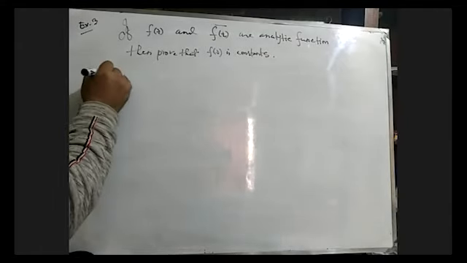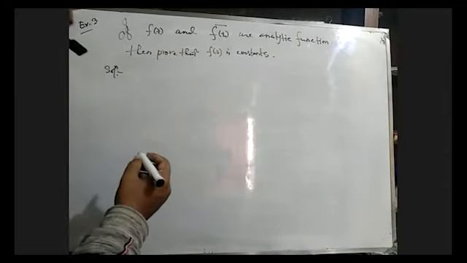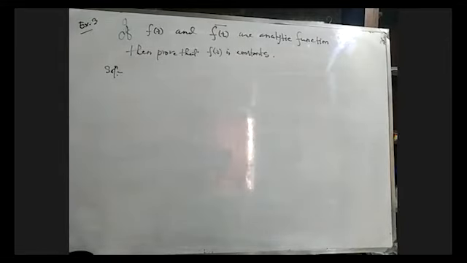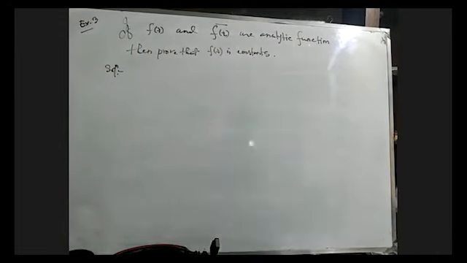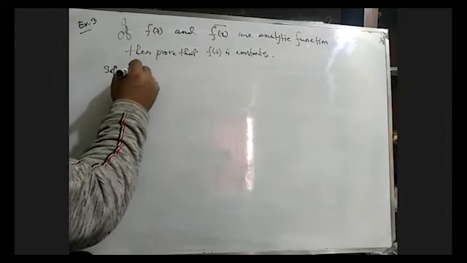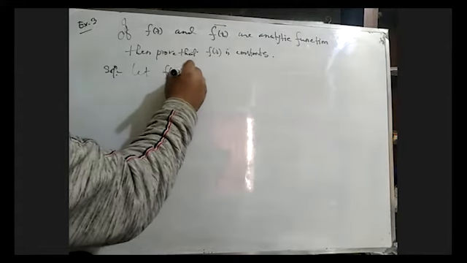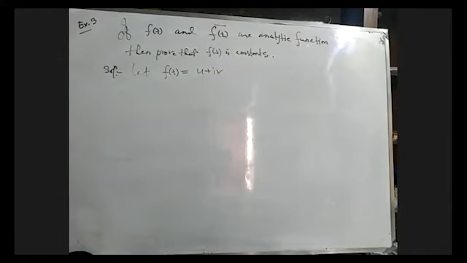Solution will be: let f of z equals to u plus ib, where u is a function of xy and b is also a function of xy.